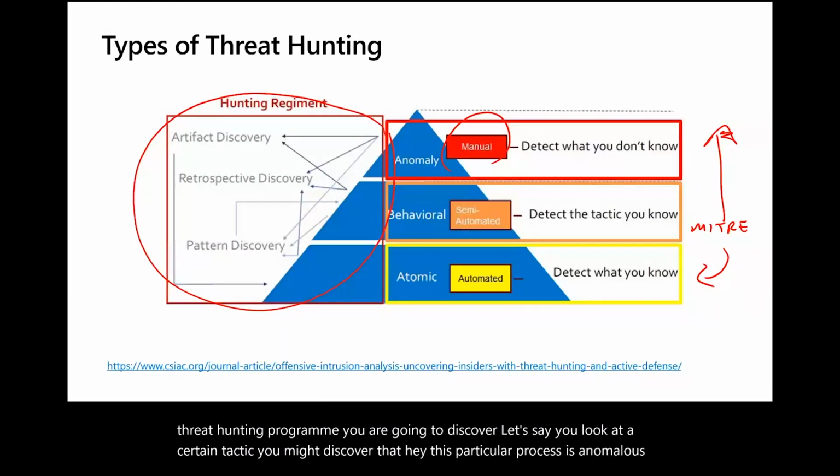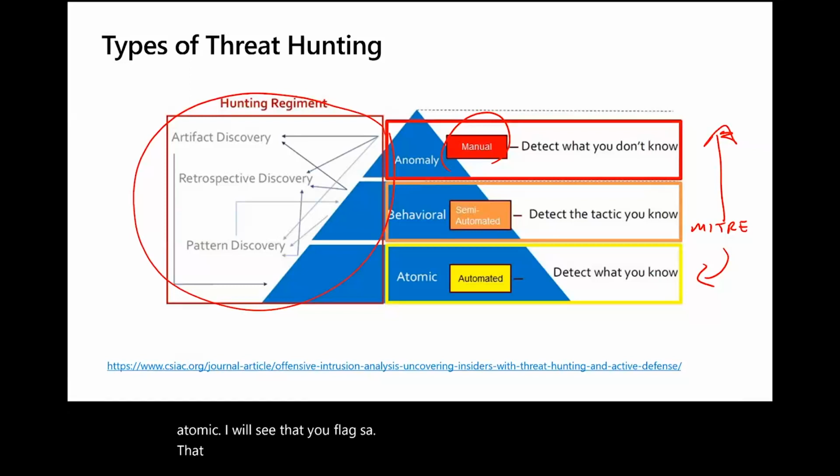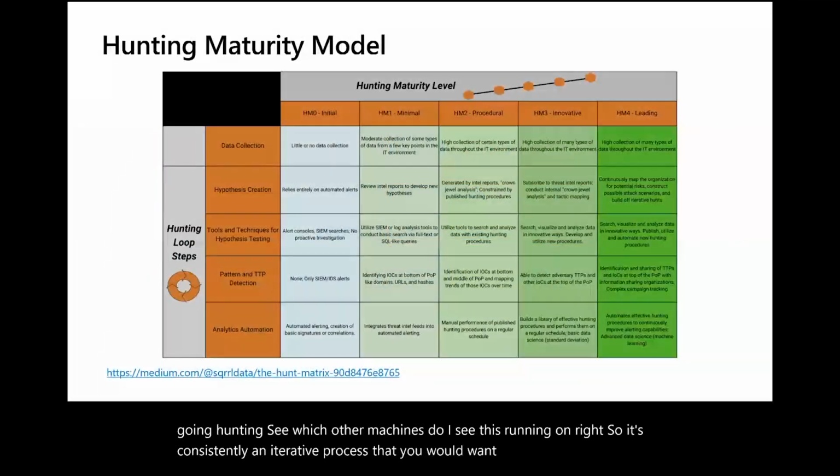It's something that I might want to look into. It might therefore end up being an atomic IOC that you flag as a bad IP, a bad file hash, etc. Then it feeds back into this loop where you go back and hunt and see which other machines I see this running on, right? So it's consistently an iterative process that you would want to go through.